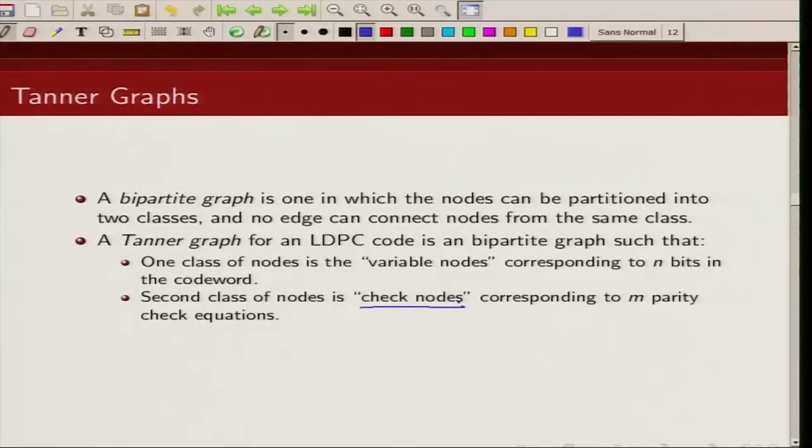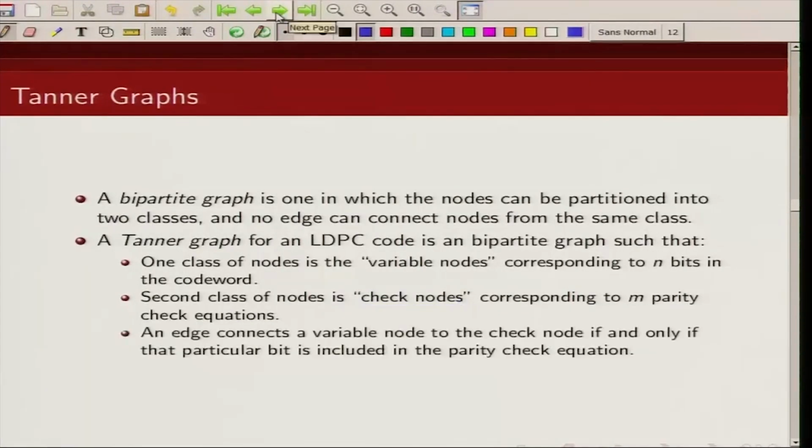They represent the m parity check equations. And how do we connect an edge? An edge connects a variable node to a check node if and only if that particular bit participates in the parity check equation.